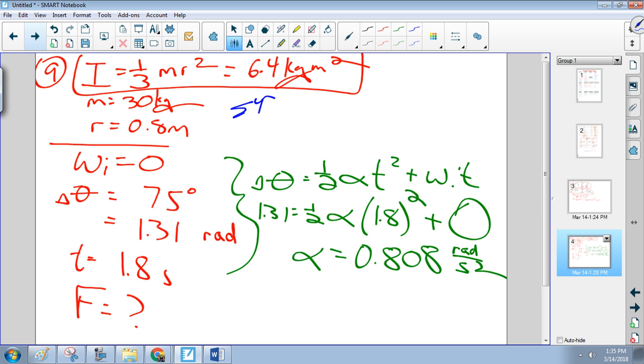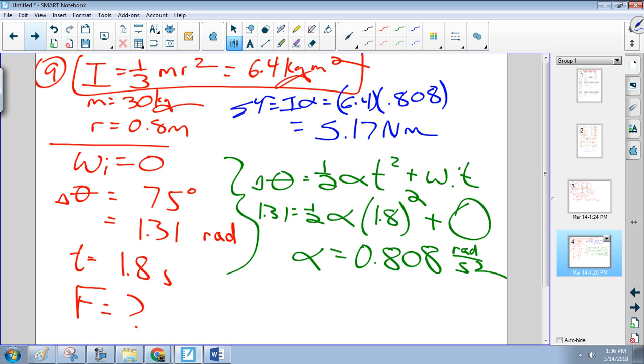Net torque is I times alpha, which is 6.4 times 0.808, which gives you, it's like 5.12 or something like that, isn't it? Is that right? 0.4 times 0.808. Oh, shoot. 0.518. Or 5.17, sorry. Newton meters.